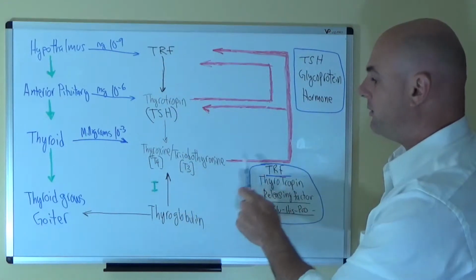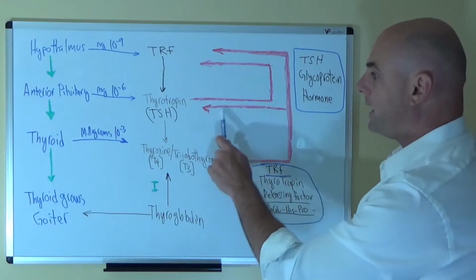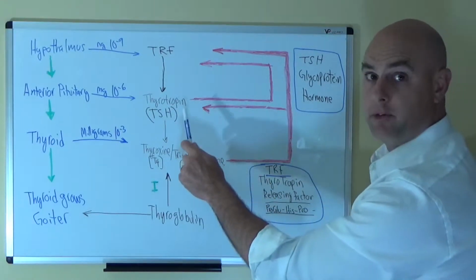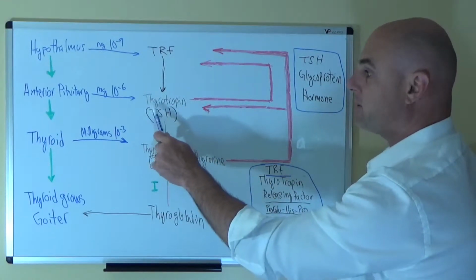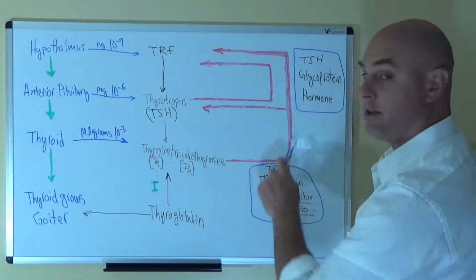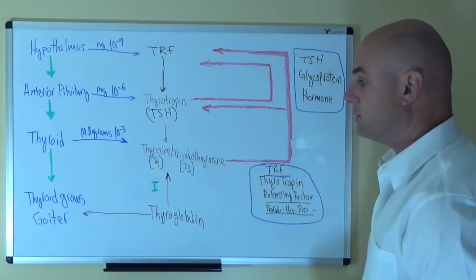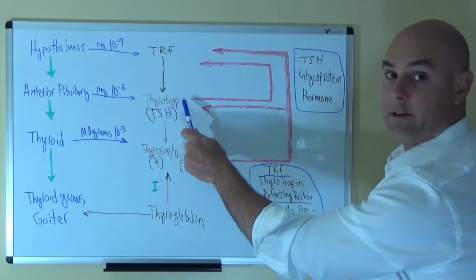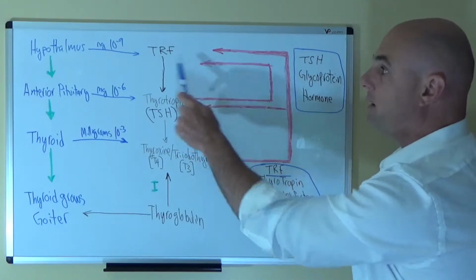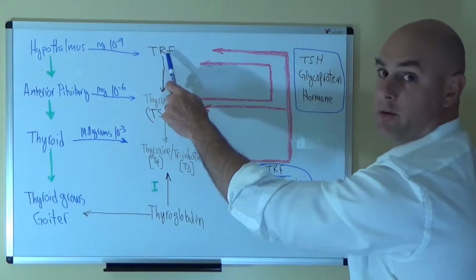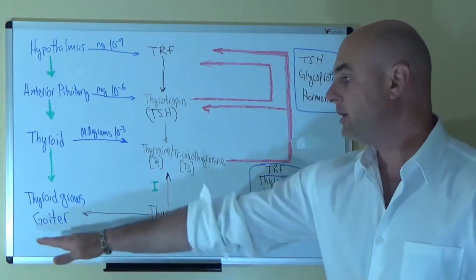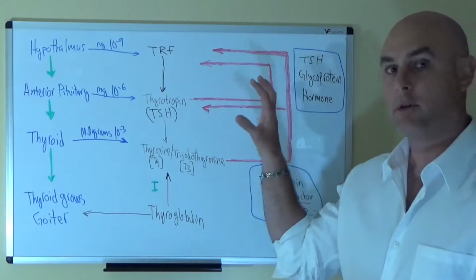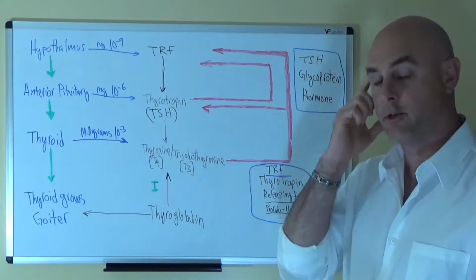And T4 and T3 also go back and help the anterior pituitary shut off the production of thyrotropin. So this is called a negative feedback loop. And thyrotropin also acts in a negative feedback loop here for thyrotropin releasing factor. So that's how a goiter forms, when you're unable to shut the system down.